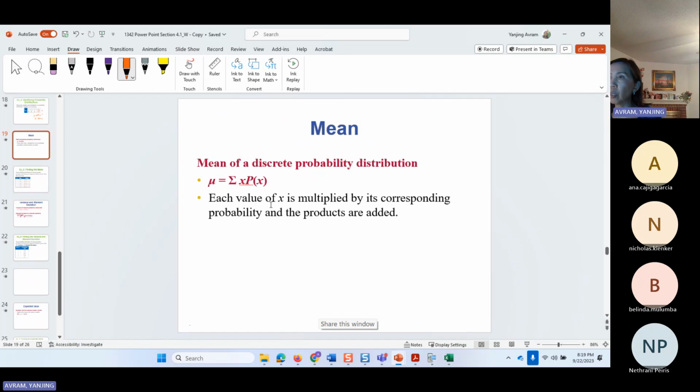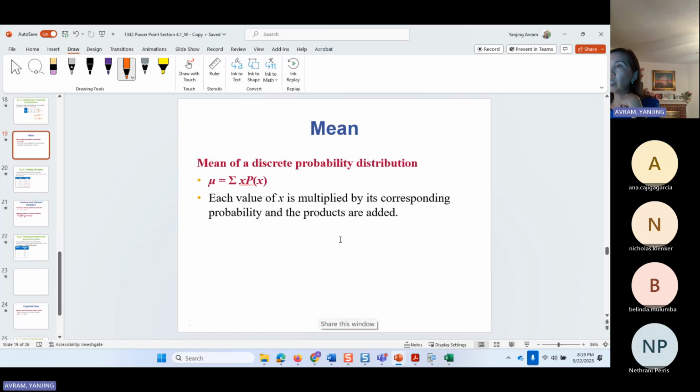Okay, next we want to talk about the mean, as I mentioned earlier. For that table, how do we find the mean? We have 1 is very passive, 5 is very aggressive, for those 150 people. And what is the average score? Mu is the mean.